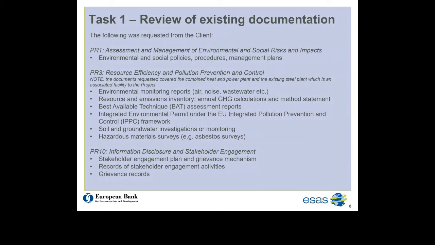We also asked about soil and groundwater investigations or monitoring of the groundwater, particularly around where the project was going to be installed. Whether there'd been any hazardous material surveys, such as asbestos surveys, which needed to be considered when the plant was installed, and therefore buildings could have been demolished.